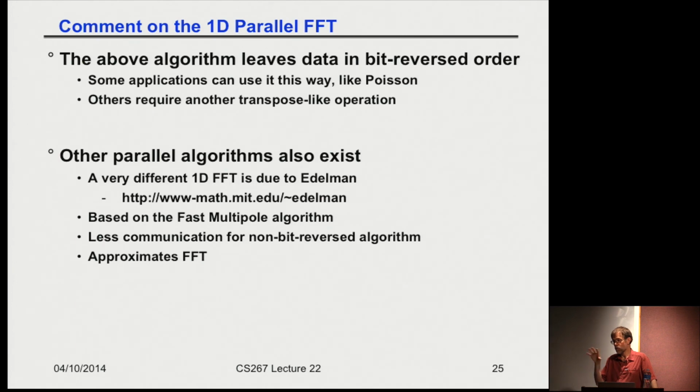And the idea is that if a point is far away, a big angle away on the unit circle, it can approximate you, in a similar idea to what the fast multipole method does. And so he comes up with a new algorithm which approximates the FFT, and it can do much, much less communication, in the same spirit that the fast multipole method can do a lot less communication by approximating things that are far away.